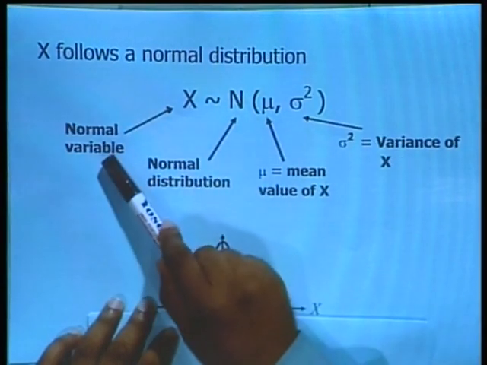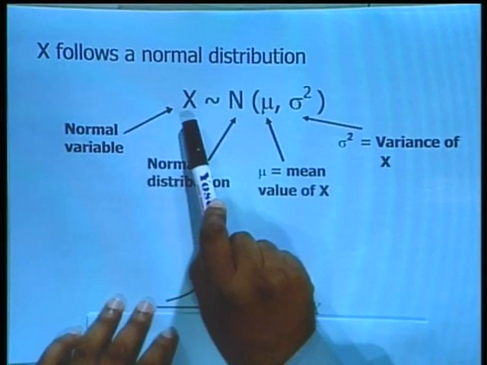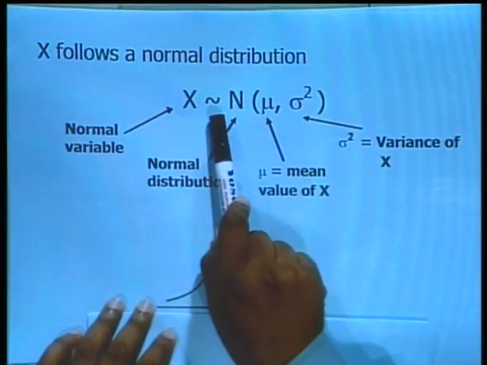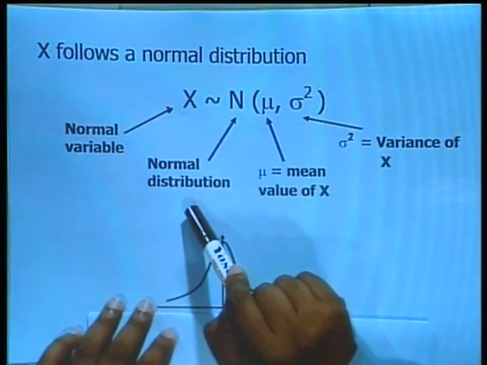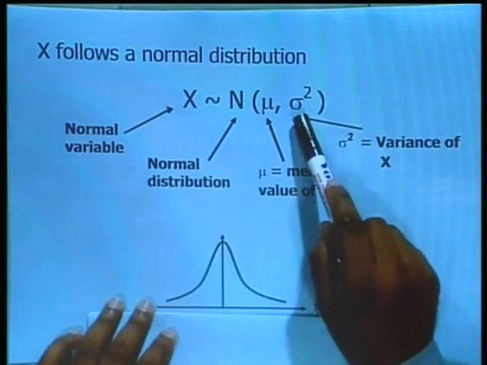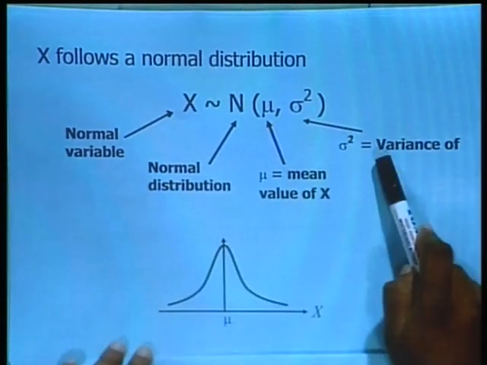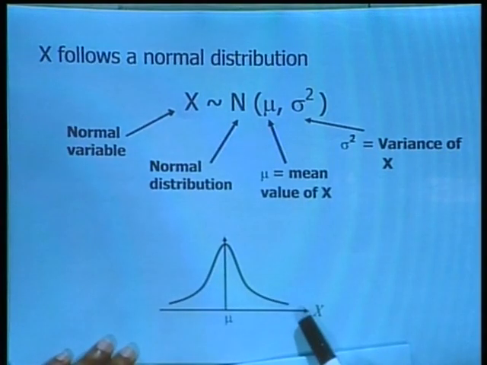X is the normal variable. It can represent, for example, the mass of a person. The tilde represents "follows", N represents the normal distribution, mu represents the mean value of x, and sigma square represents the variance of x.